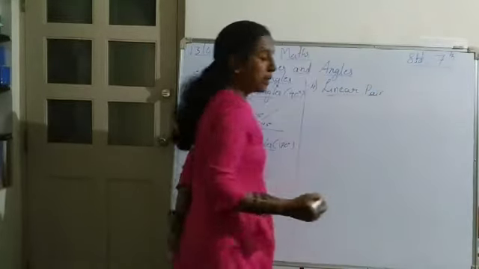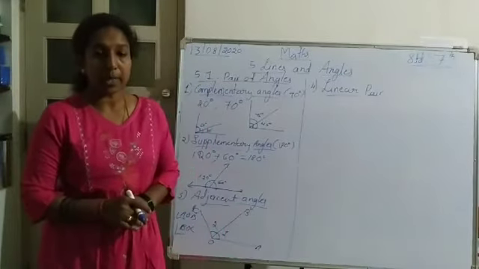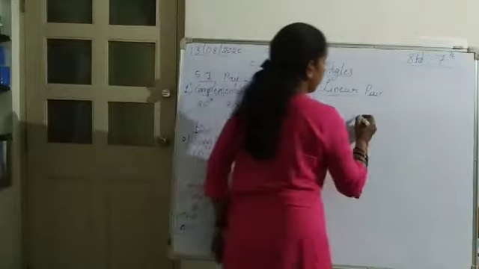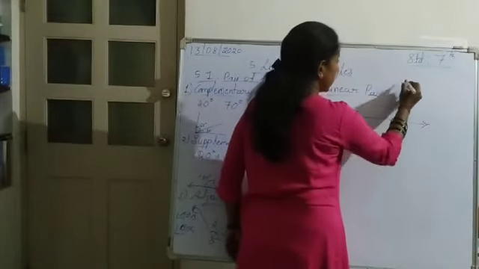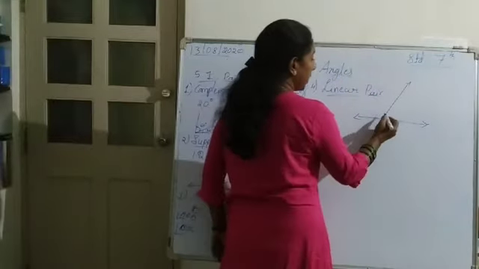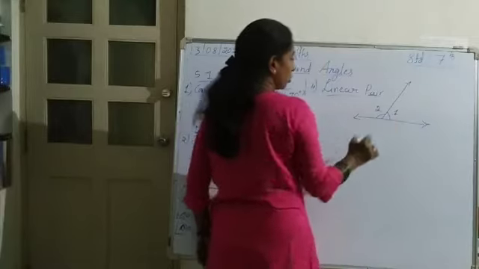Next one is linear pair. What is a linear pair? When there is one straight line and another ray is standing on it, it makes two angles, here 1 and this one is 2.